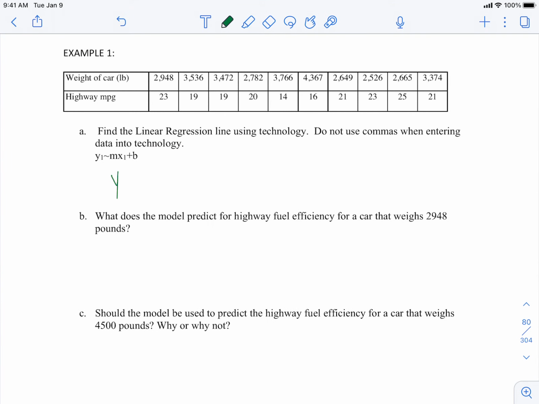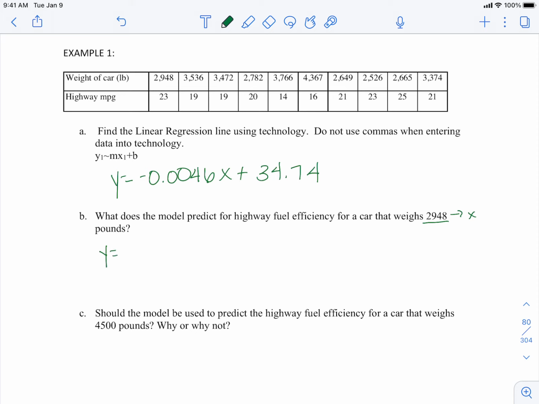So let's write that. We have y equals negative 0.0046x plus 34.74. What does the model predict for highway fuel efficiency for a car that weighs 2,948 pounds? So we're going to plug this value in for x.